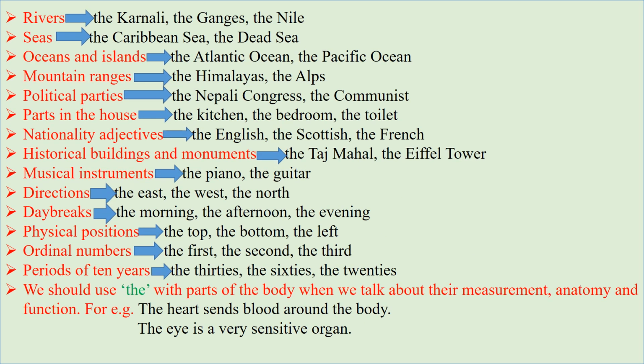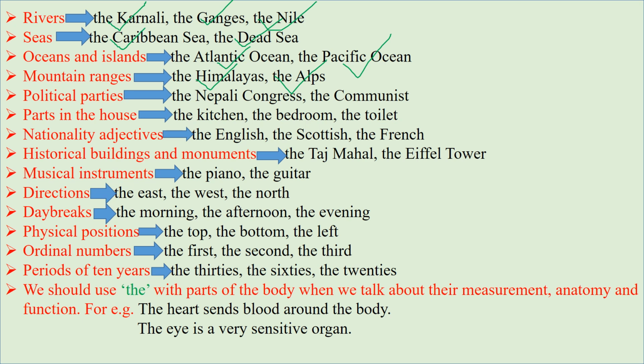In front of river names, we should use the: the Karnali, the Ganges, the Nile, etc. In front of seas: the Caribbean Sea, the Dead Sea. Oceans and islands: the Atlantic Ocean, the Pacific Ocean. Mountain ranges: the Himalayas, the Alps.